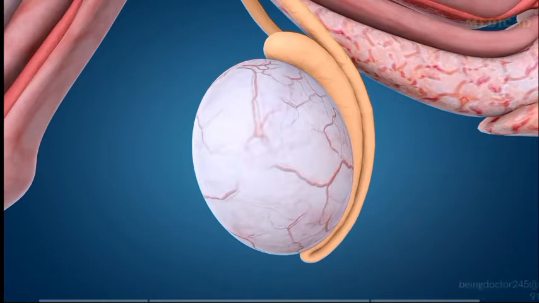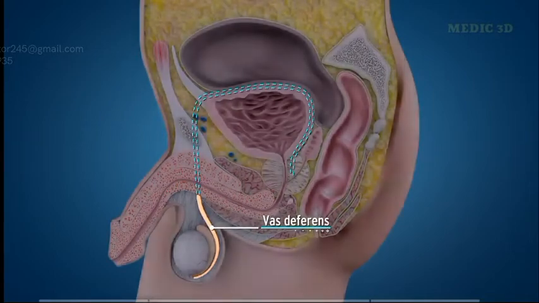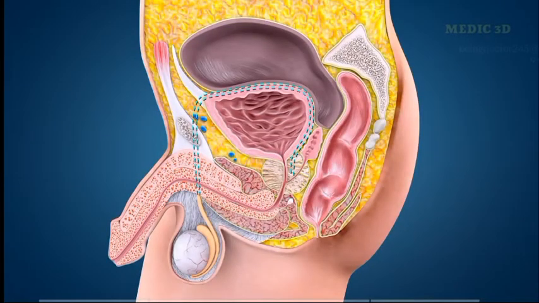Secretions of the epididymis provide nourishment to the spermatozoa. Once the sperm passes through the epididymis, it attains complete motility. The tail portion of the epididymis continues as the vas deferens. The contraction of the walls of the vas deferens helps in the movement of the sperms.